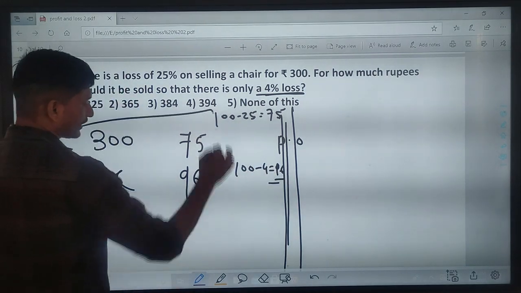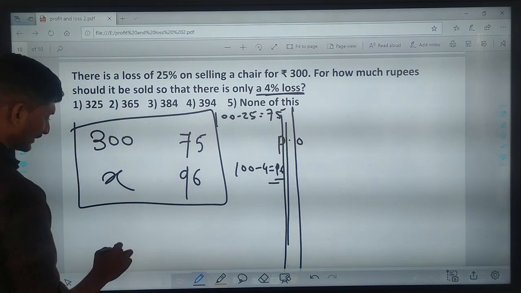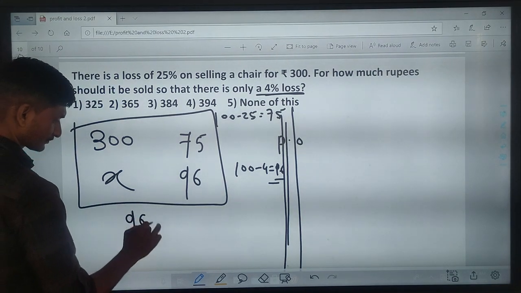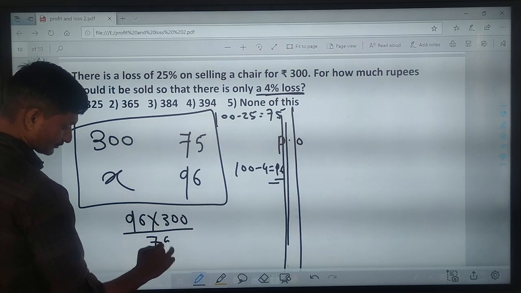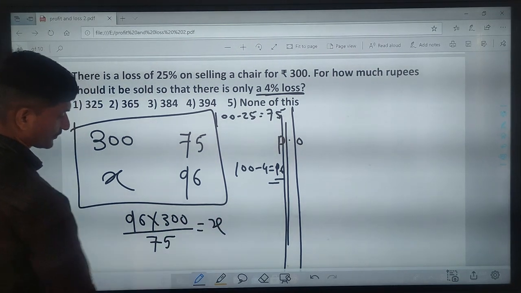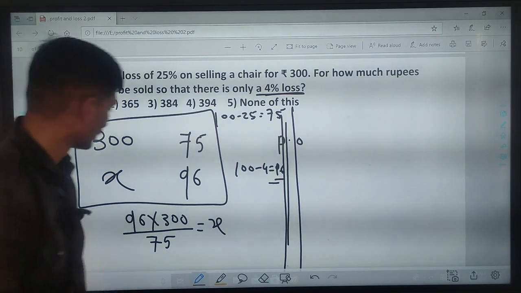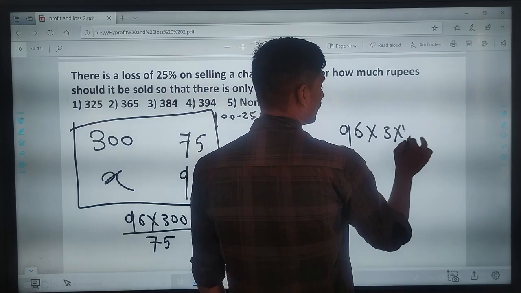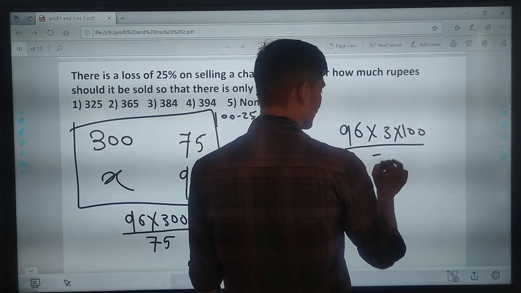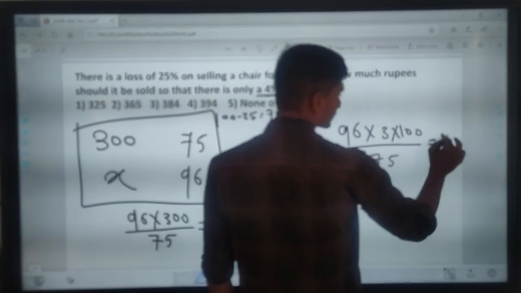Then for the selling price, we cross multiply this. Equal to x. Then we write here 96 into 3 into 100 divided by 75 is equal to x.